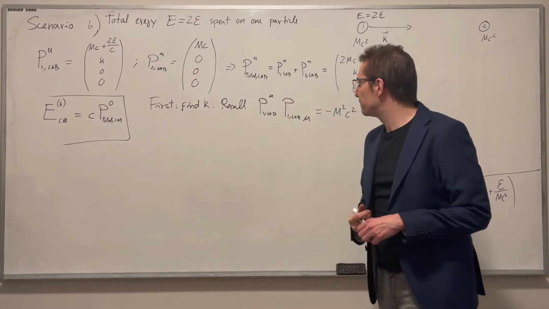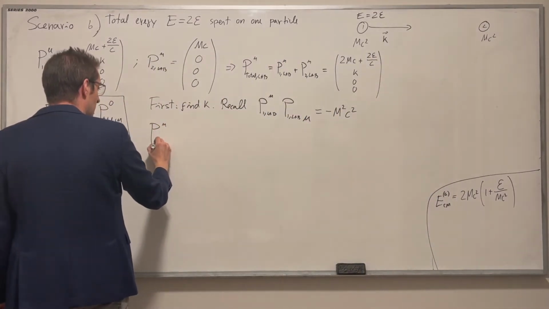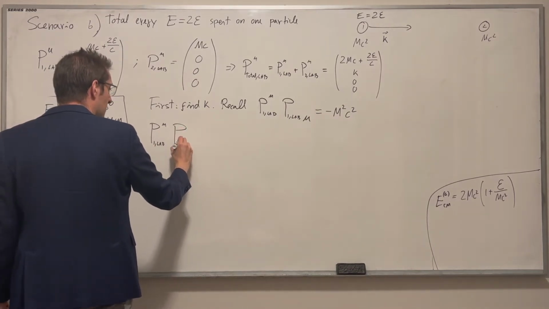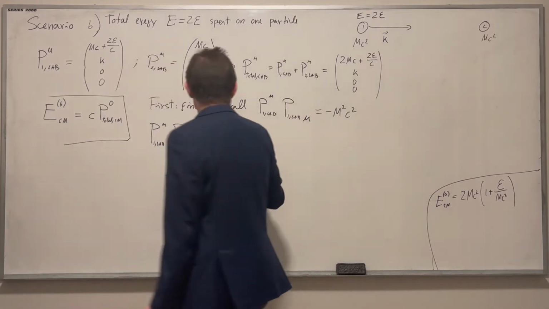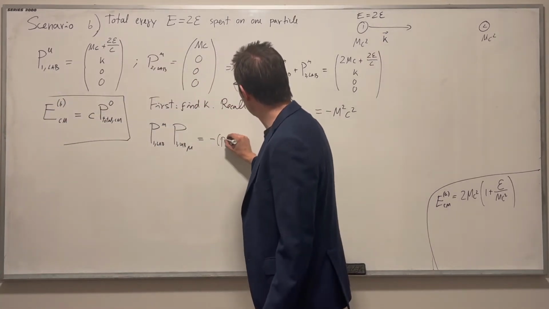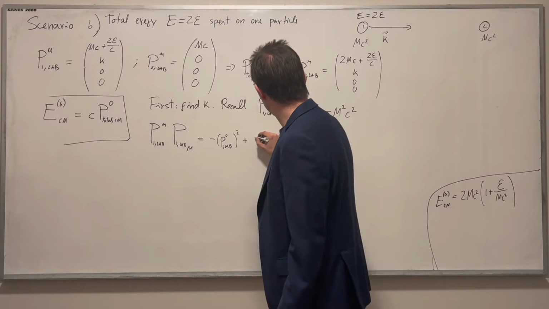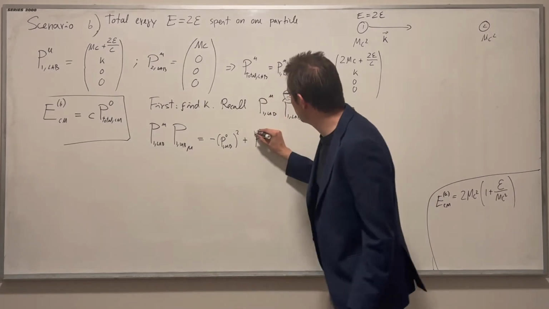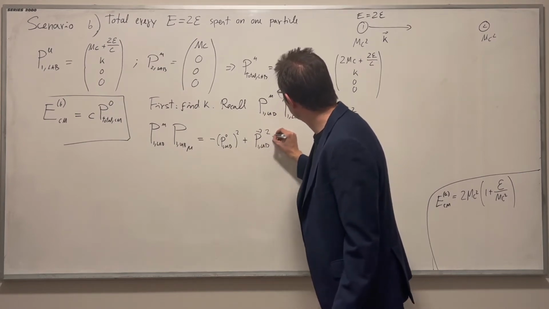So if we compute P^μ_1,lab contracted with P_μ_1,lab, this is minus P^0_1,lab squared plus the vector P_1,lab squared.